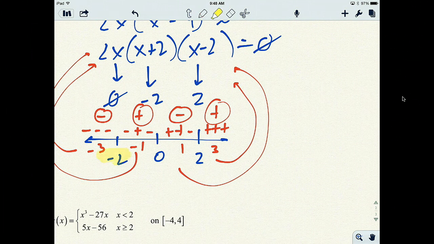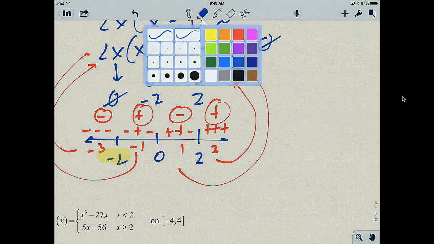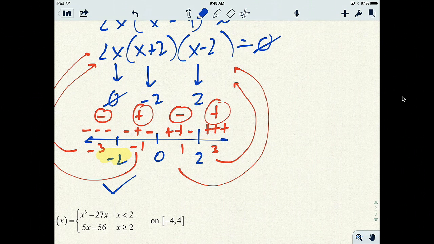I go from negative to positive, which means at -2, I have a min. At 0, I go from positive to negative, which means I get a max. And at 2, I go from negative to positive, so I have a min.